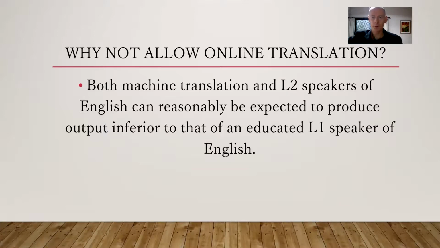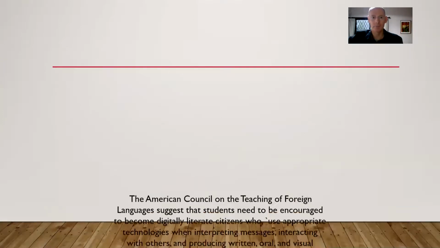So the point here is that both online translation and student work can be reasonably expected to have a certain level of errors, whether that's in the degree of lexical density, lexical cohesion, the grammar, spelling, etc. There are going to be mistakes, and we can reasonably expect that online translation will also have mistakes. Although, of course, as online translation gets better and better, this will tend to be less the case.